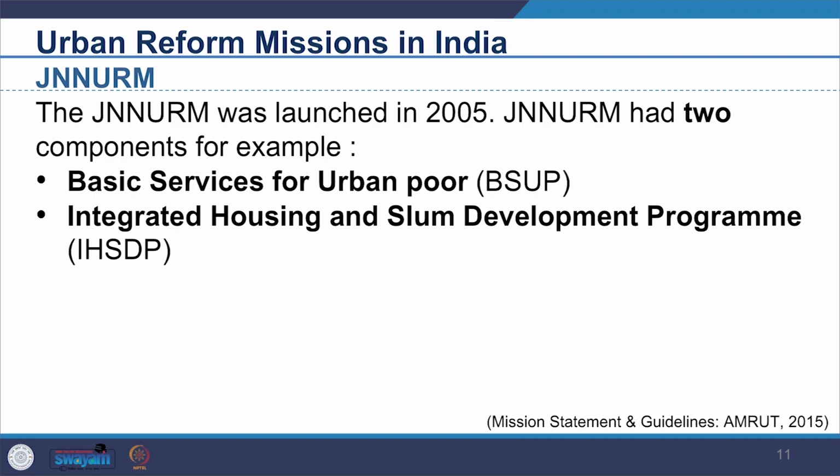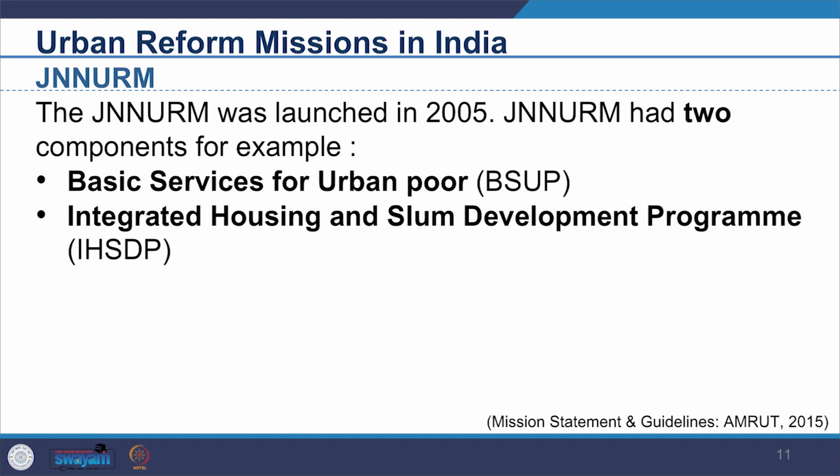Let us briefly understand the difference between JNNURM and AMRUT. The JNNURM was launched in 2005 as the first flagship scheme of this ministry. JNNURM implemented by ministry had two components.